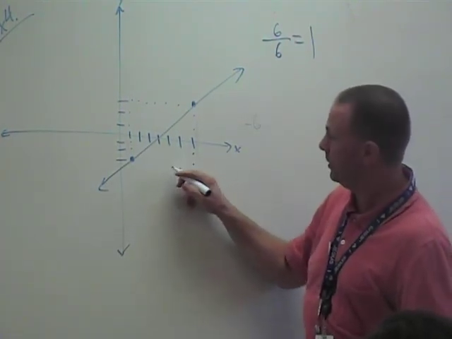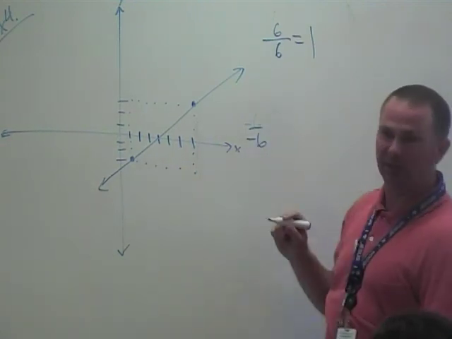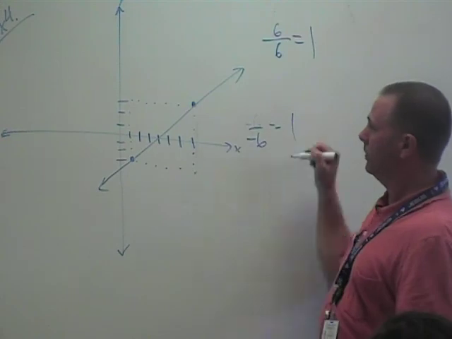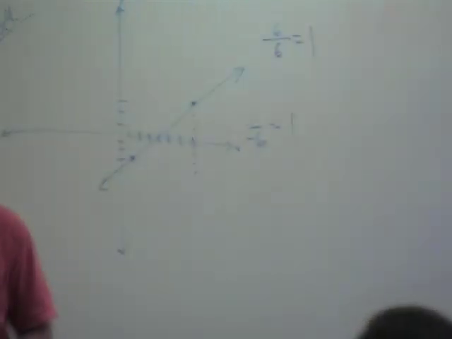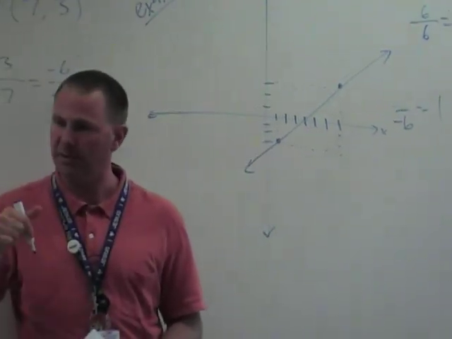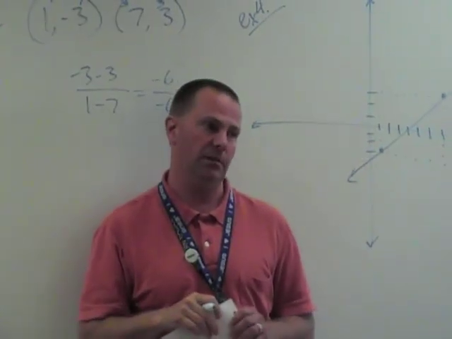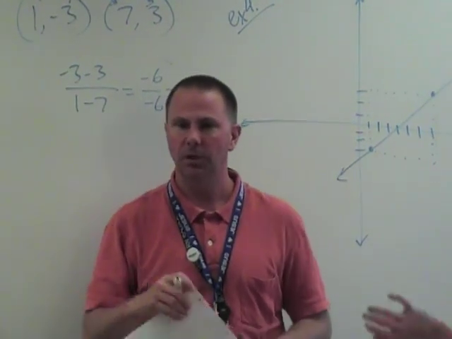And then from here you go 1, 2, 3, 4, 5, 6. Left is negative as well. Well, negative over negative is positive. So either way you go, make sure if you're going down, it's negative. If you go left, it's negative. If you go up, it's positive. If you go right, it's positive. Got it? Who understands rise over run?